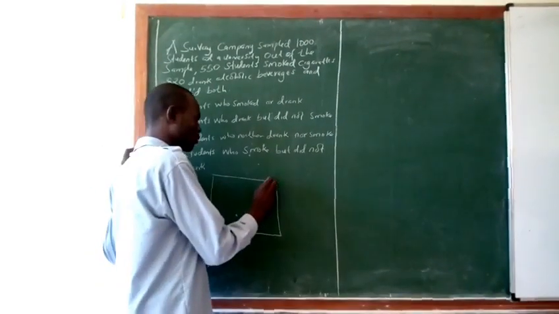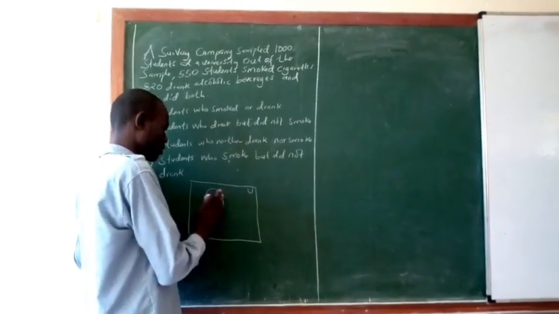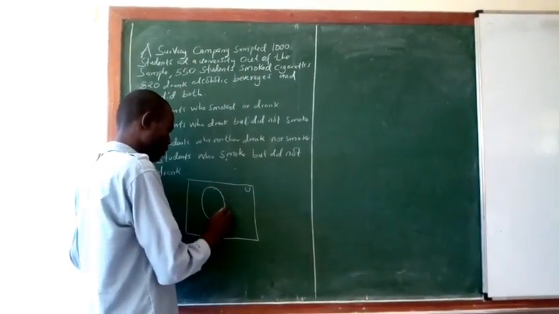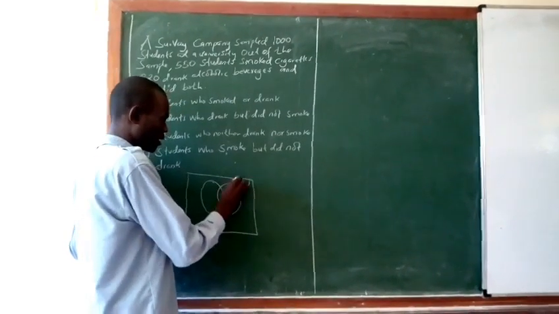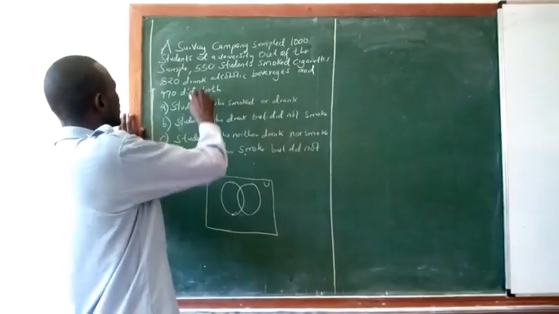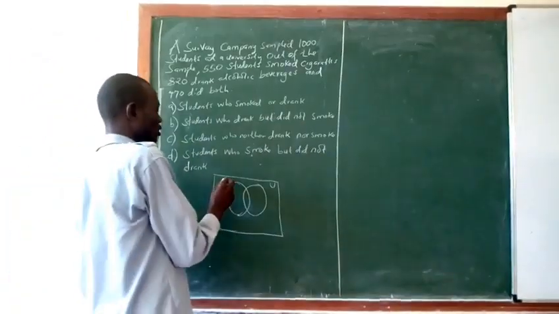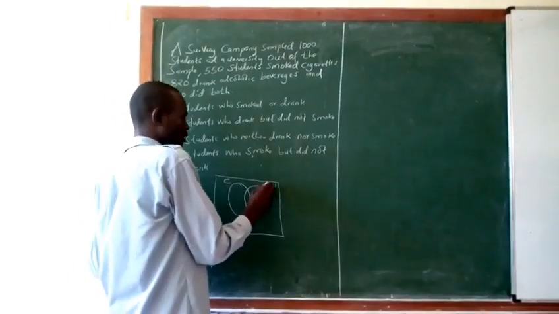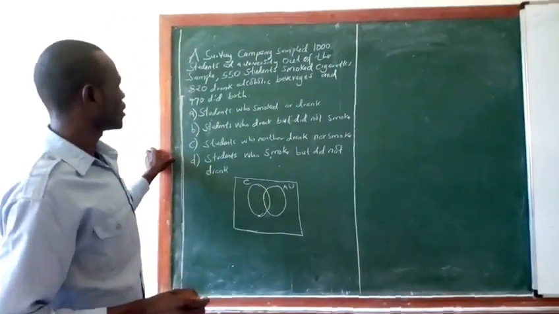So you can have our universal set, then you have two sets there. So you have 550 students who smoked cigarettes. So let's say these are cigarette smokers, and then these are alcoholic beverage drinkers.